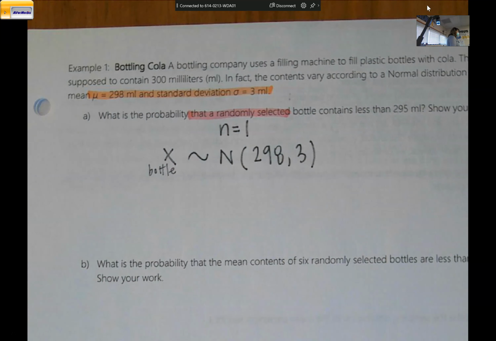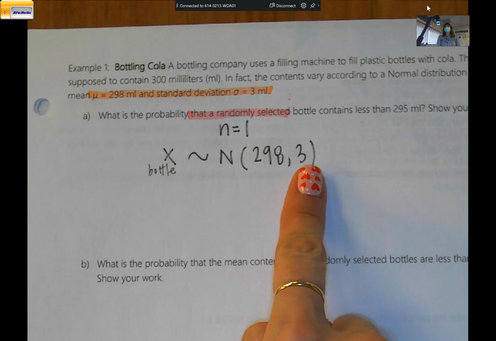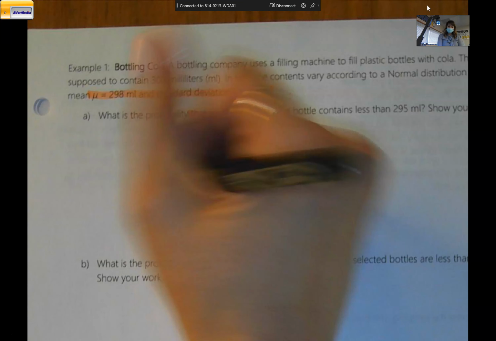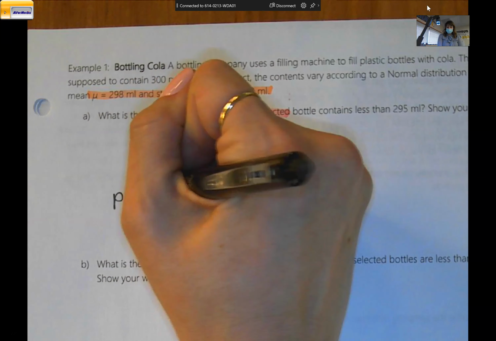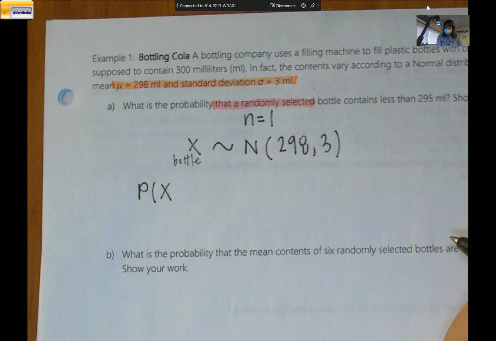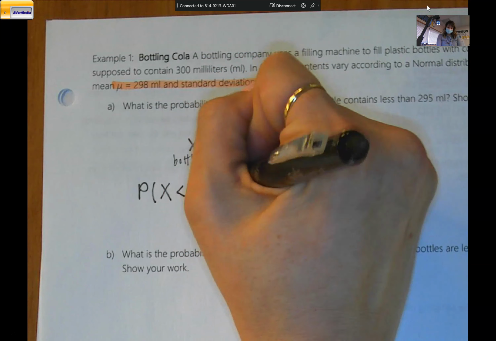And you do not need to check conditions because they tell you this is a normal distribution. So they gave this to us. Well, what they're asking us to calculate is the probability that our 1 bottle will contain less than 295.